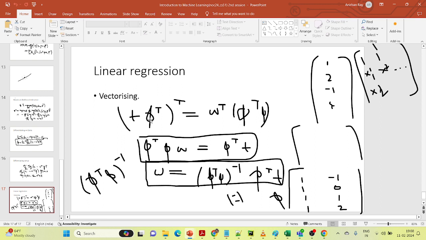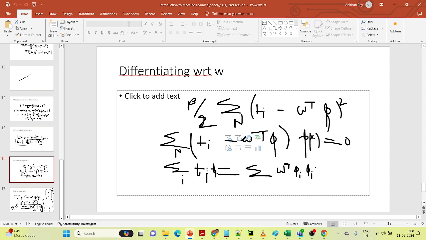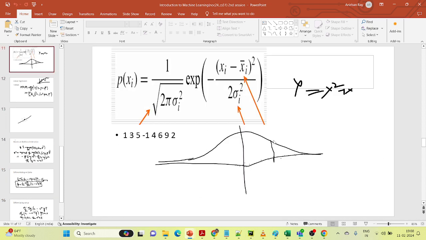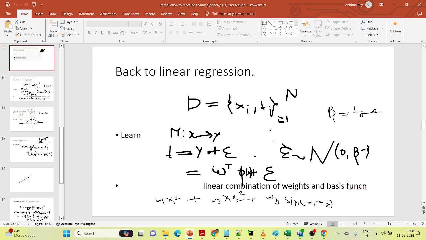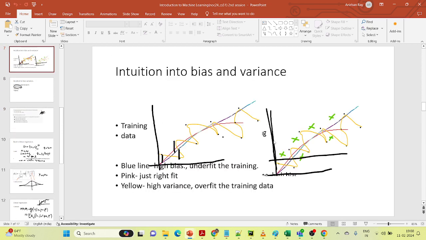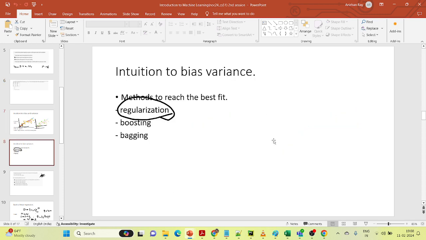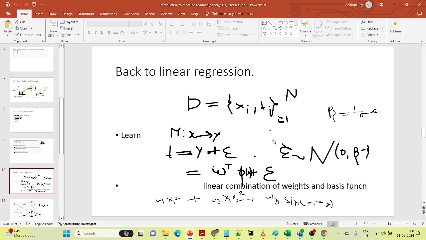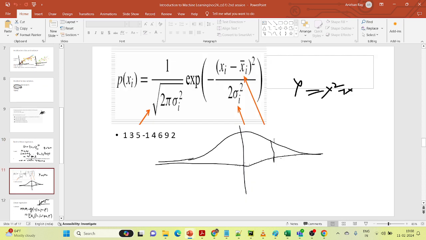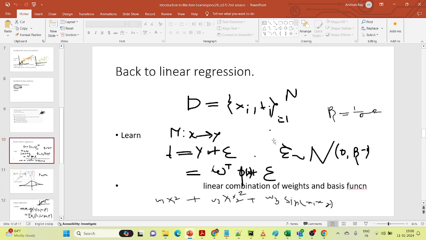Phi was like this: x1 square, then x1 x2, and so on, it can be any combination like x1 x2.